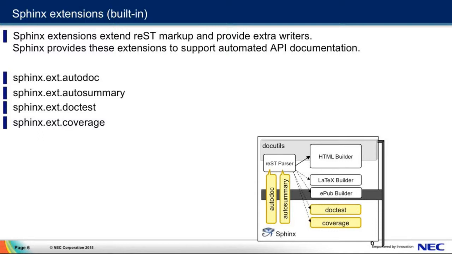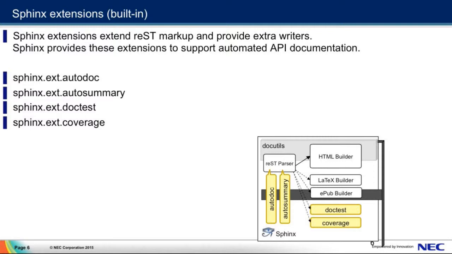In today's presentation I am mainly talking about one of Sphinx's extensions, that is Autodoc. There are others also, like autosummary, doctest and coverage. Autodoc is about generating documentation from the code. Autosummary is used for maintaining a summary of your documentation.